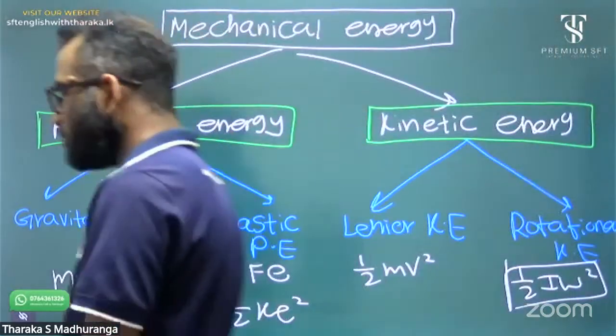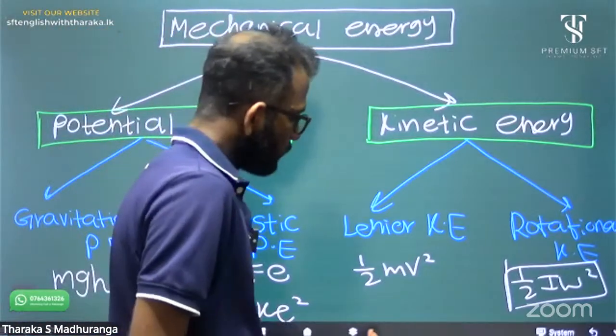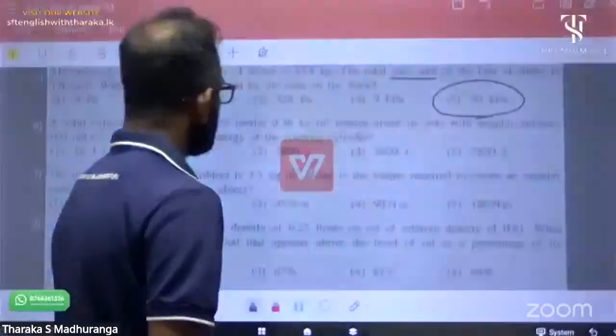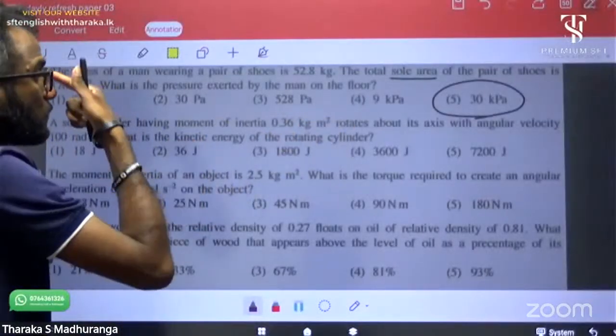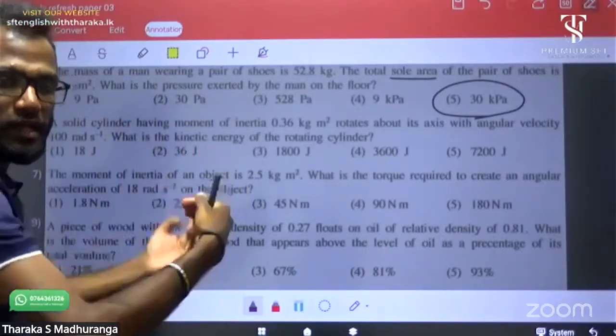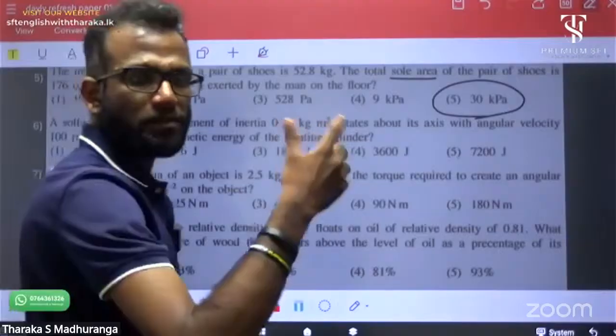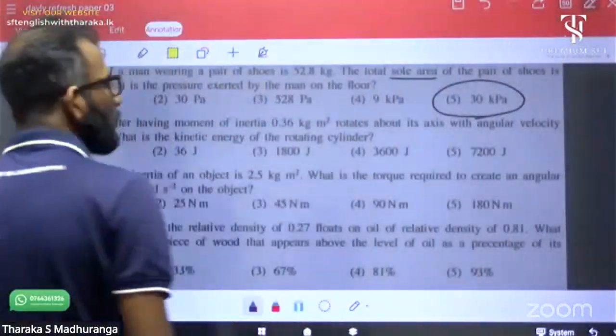Now, according to the question given in the paper, what is the kinetic energy stored in the rotating cylinder? The object is rotating, meaning it is moving in a rotational way, so we calculate the rotational kinetic energy.